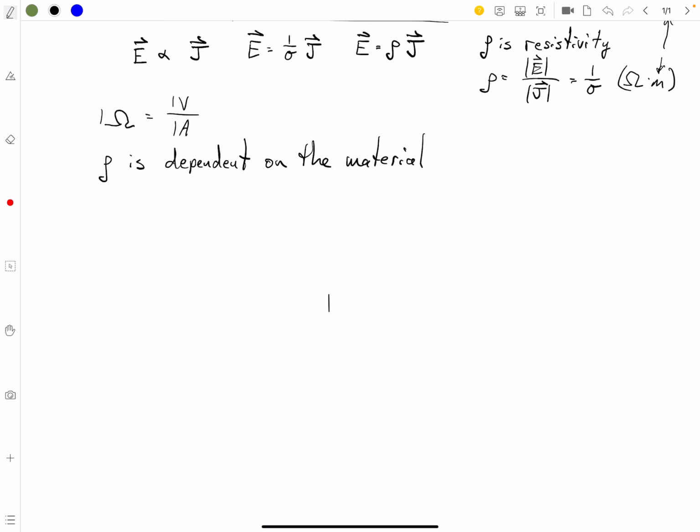Some materials are conductors. They don't have a lot of resistivity. Some are not conductors and have a high amount of resistivity. Okay, so dependent on material. All right, kind of important.